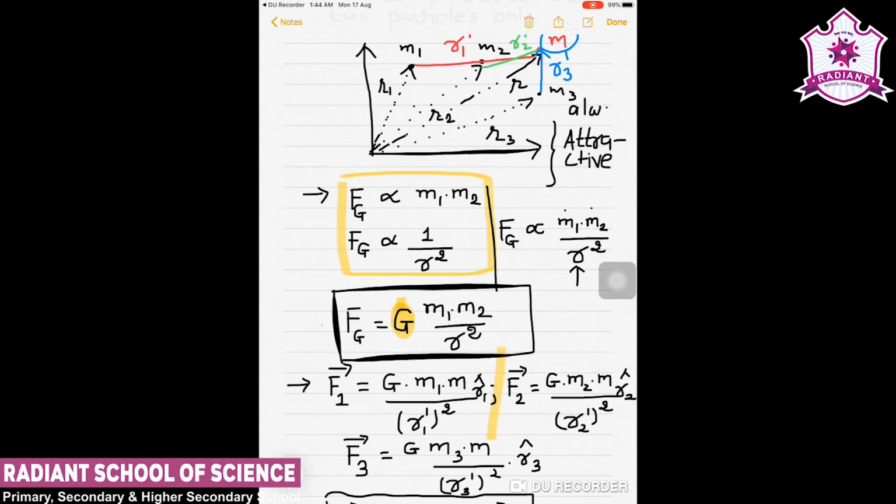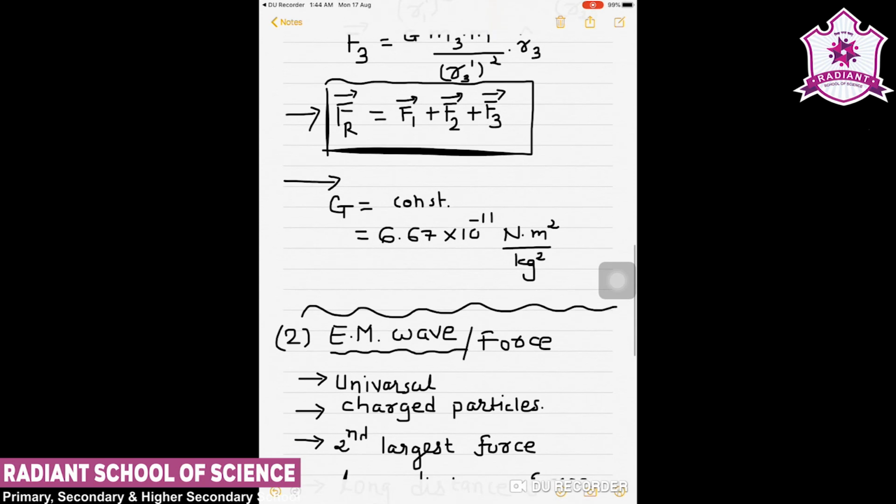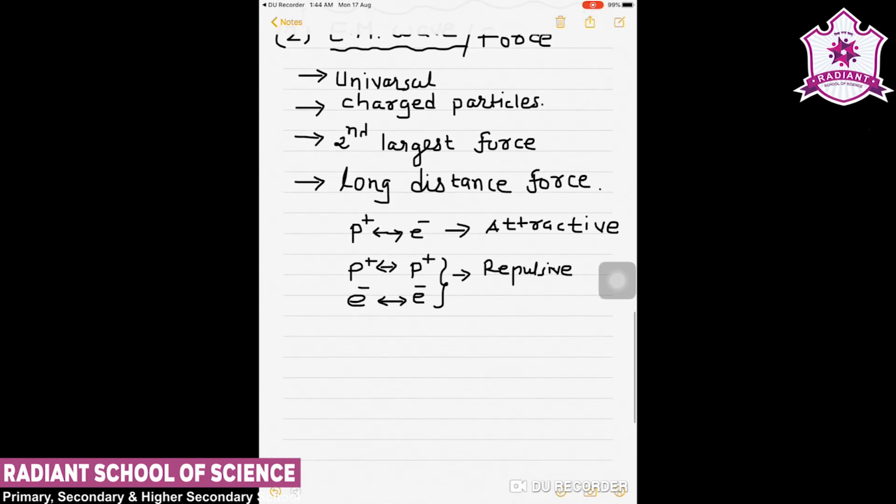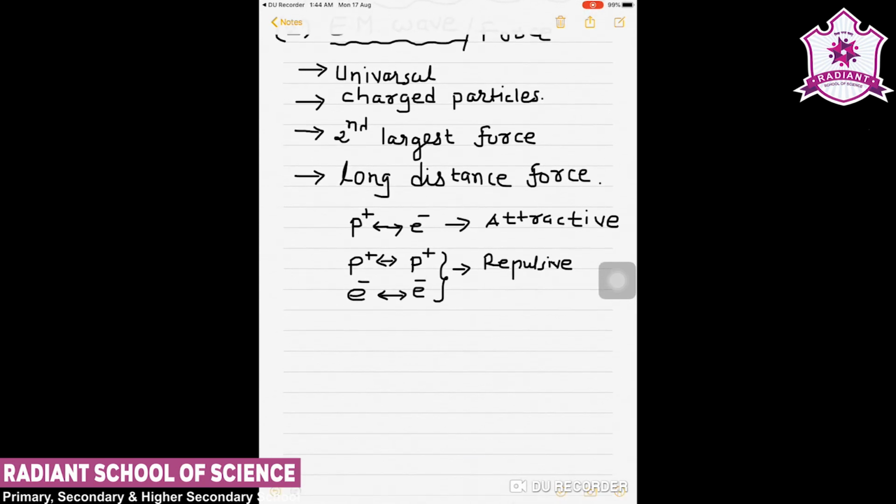The gravitational field is always attractive, while the electromagnetic force can be attractive as well as repulsive. So this is about the electromagnetic force.